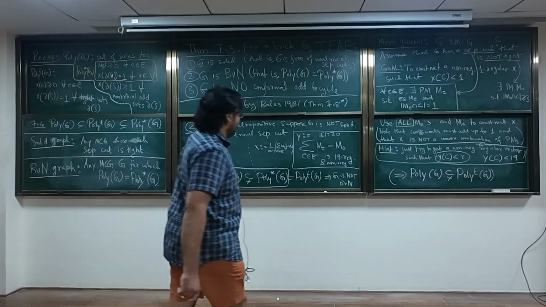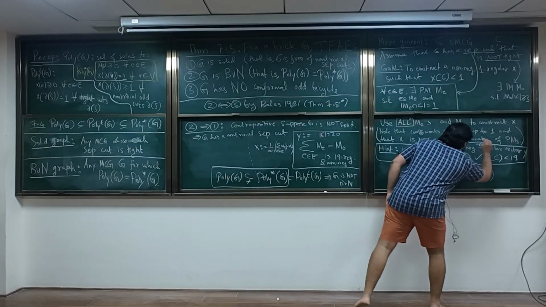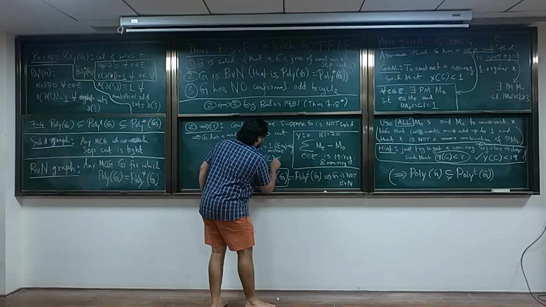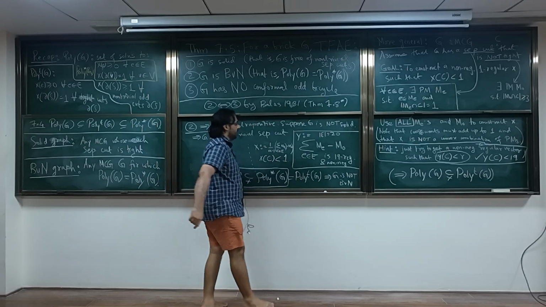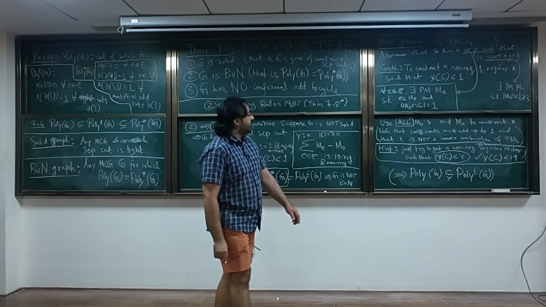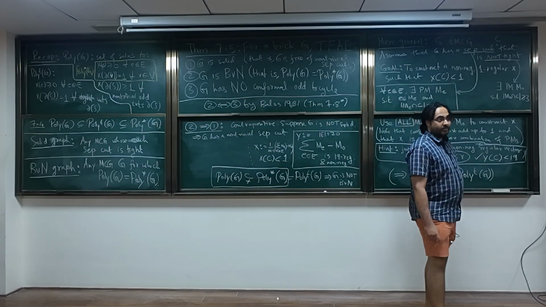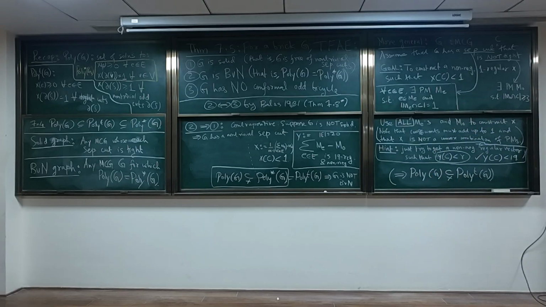So because this is true, we also conclude that X of C is less than 1. So we have a non-negative, 1-regular vector that satisfies the desired property. We are done.